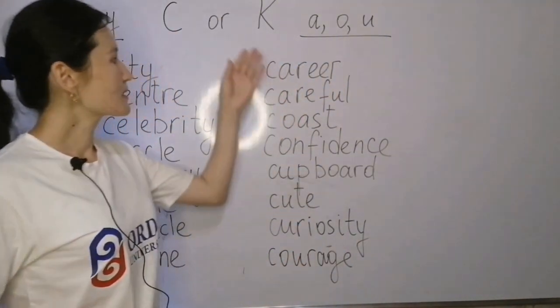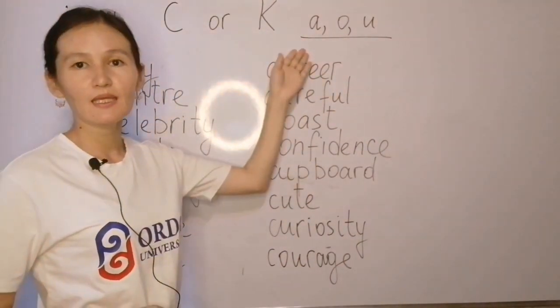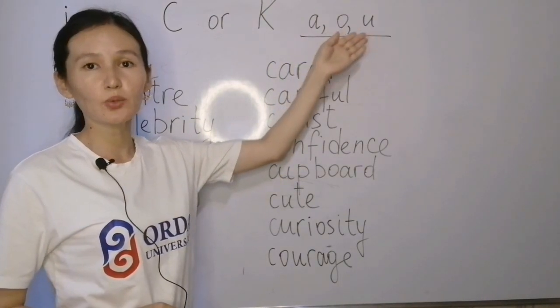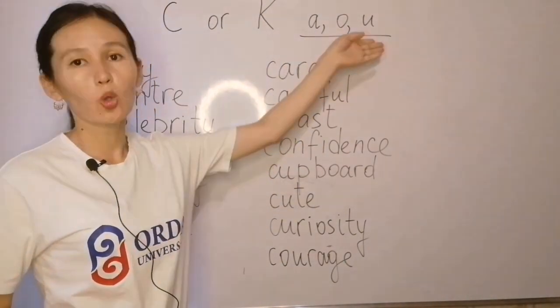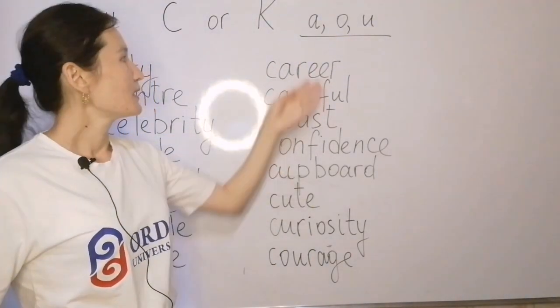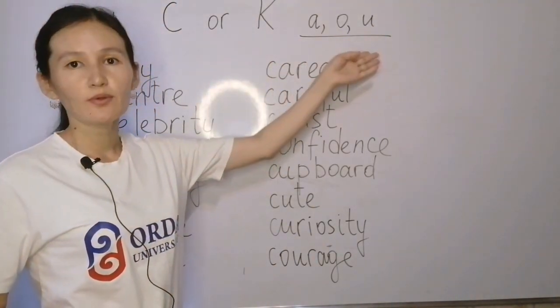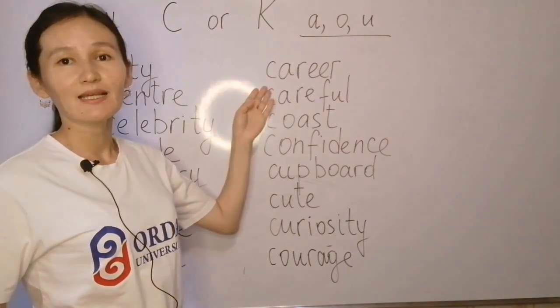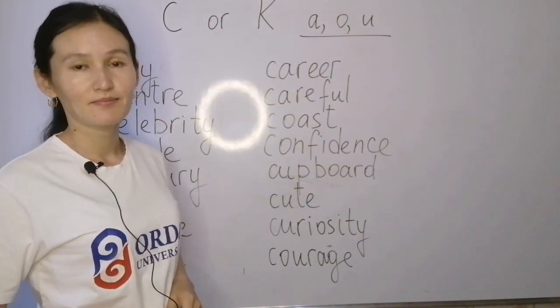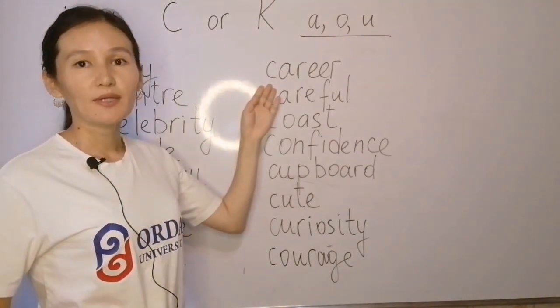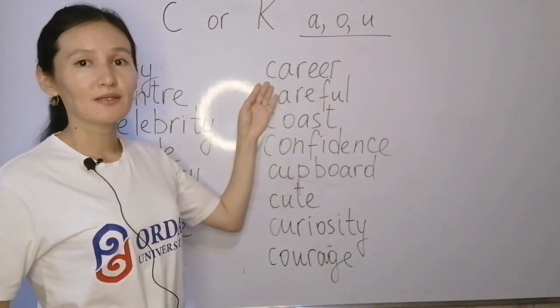Okay, it's time to take a look at the next row. So in this case, if there is A, O, or U, those are all vowels, right? If there is A, O, or U after letter C, it's pronounced like K. Okay. Carrier.